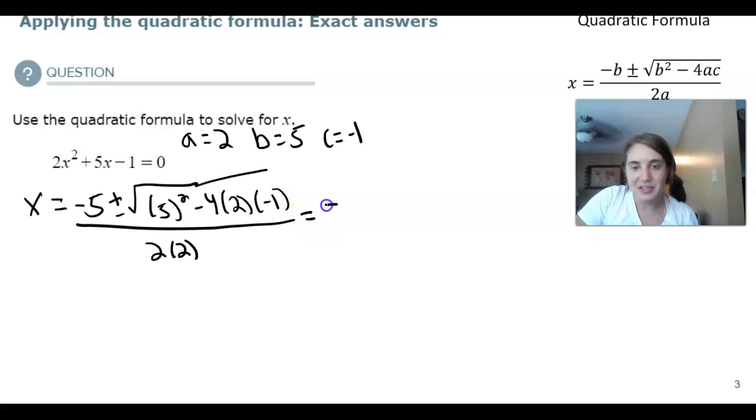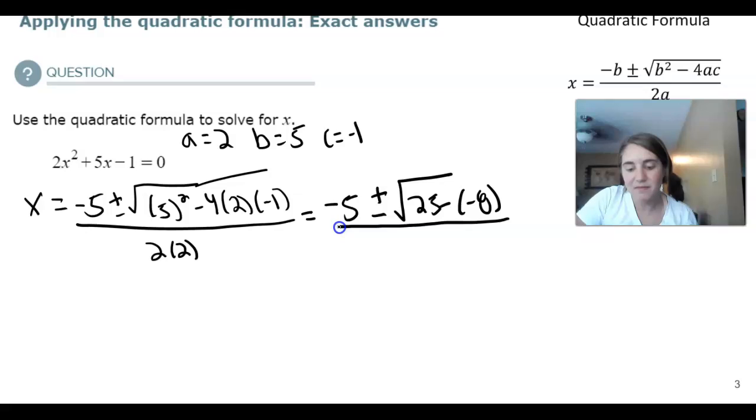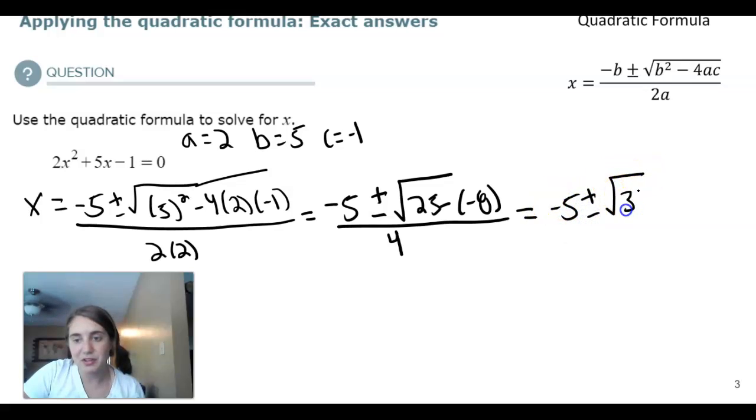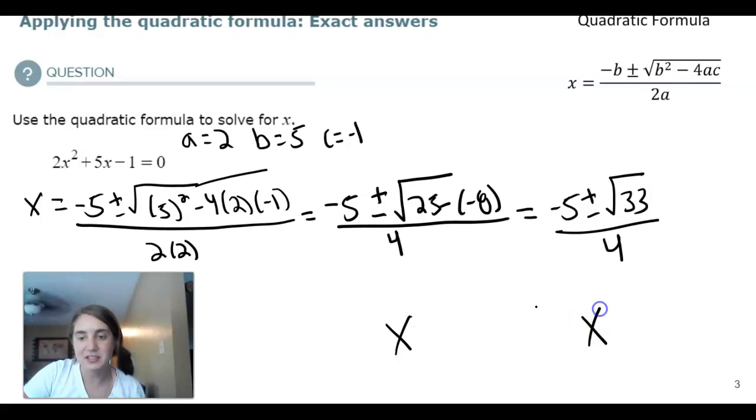This ends up becoming -5 plus or minus the square root of 25 minus a -8 over 4, equals -5 plus or minus the square root of 33 over 4. So we have two solutions for x.